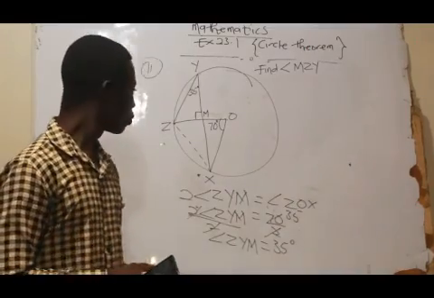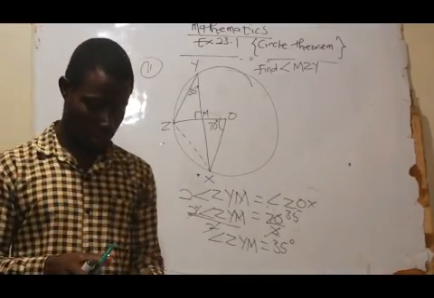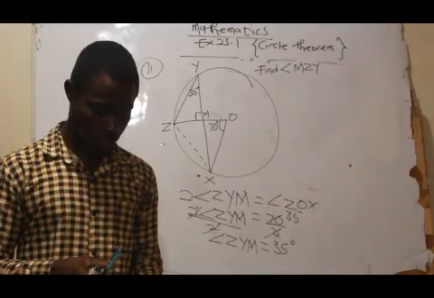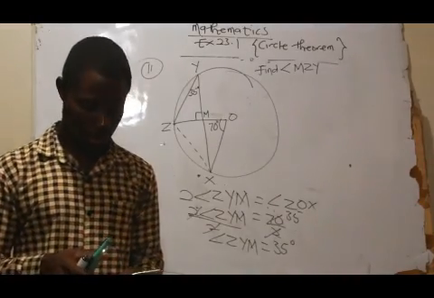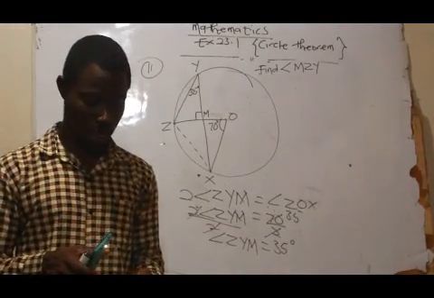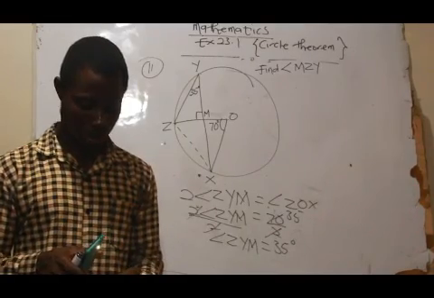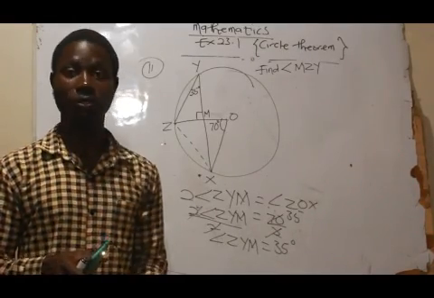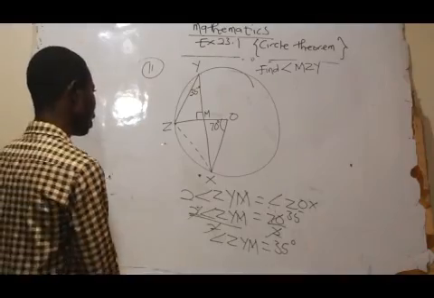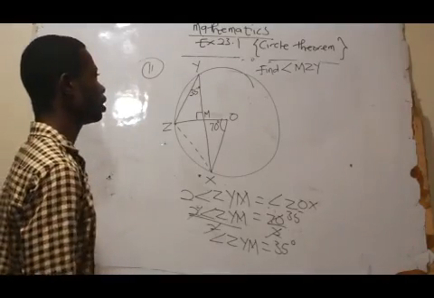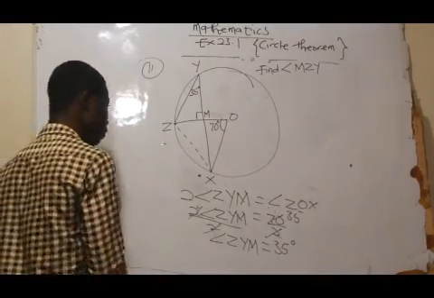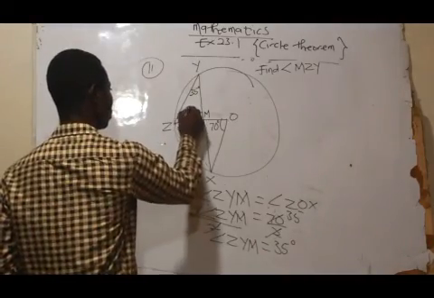So 90 plus 35 gives us what? 125 degrees. Now 180 degrees minus 125 gives us 55 degrees. So it tells us that angle MZY is 55 degrees.